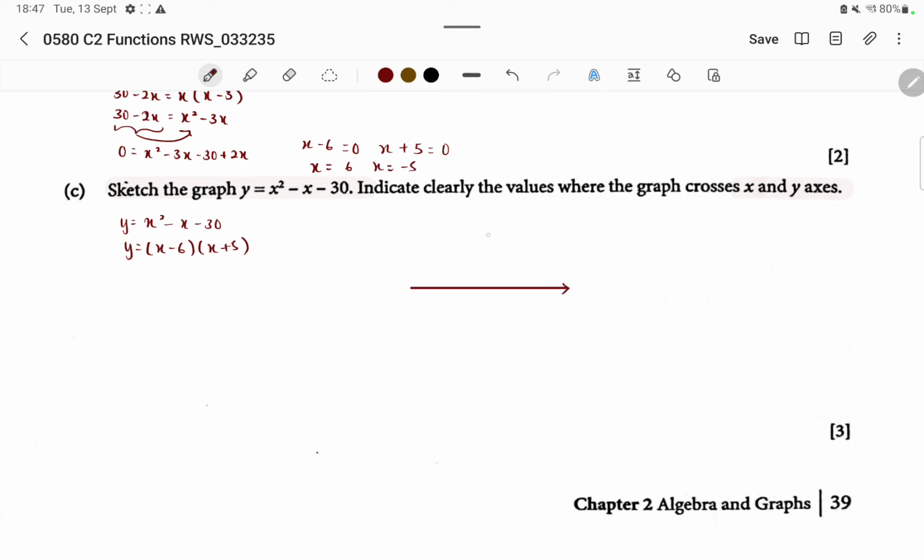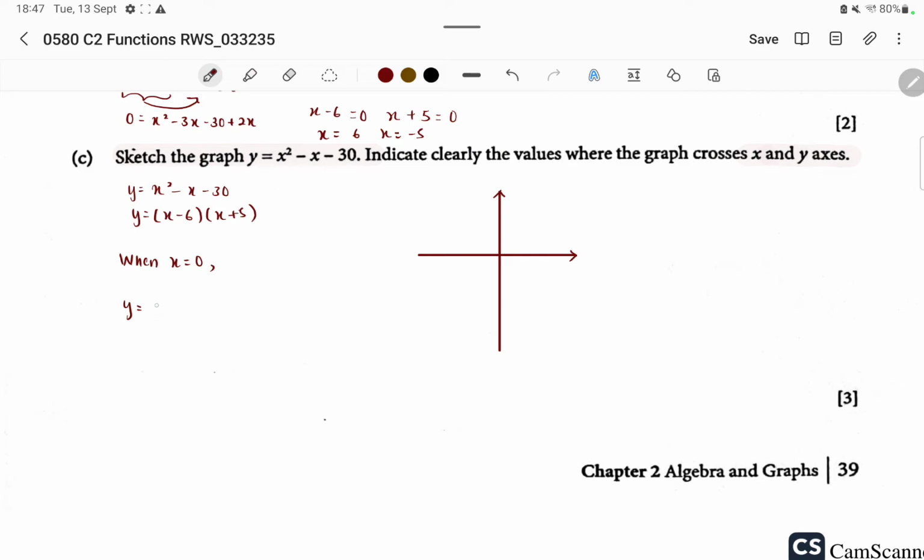So we know that when this is the graph, and then you substitute. When x equals 0, y equals negative 30.